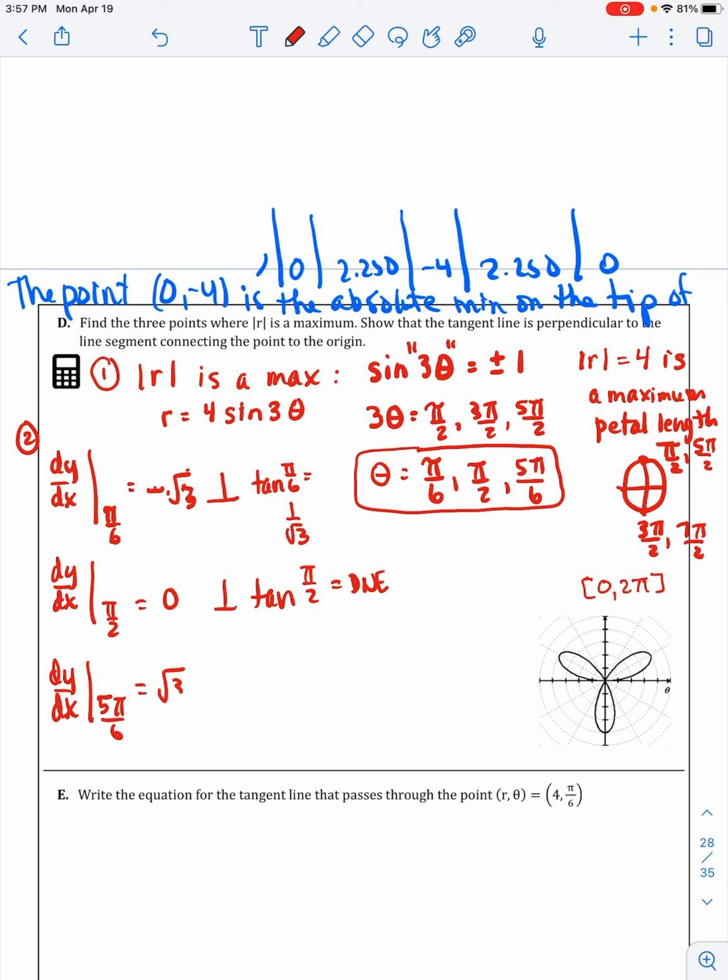And then dy dx at 5 pi over 6 is going to be positive square root of 3, which is perpendicular to the tangent at 5 pi over 6, which is negative 1 over root 3. Of course, this could have also been written as square root of 3 over 3, and this as negative square root of 3 over 3.